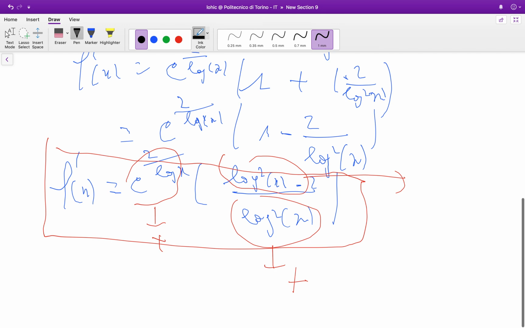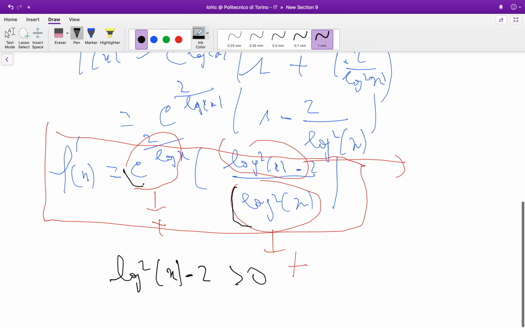So we don't need to, I repeat, we don't need to study the sign of this nor this because they are always positive. We just need to study the sign of this guy. So we write log square of x minus 2, is that clear?